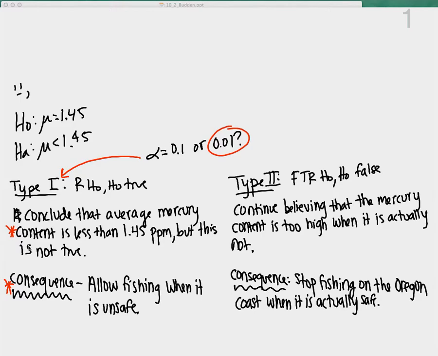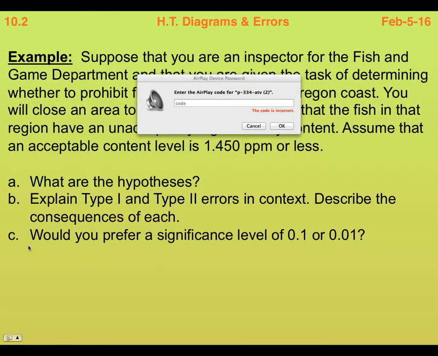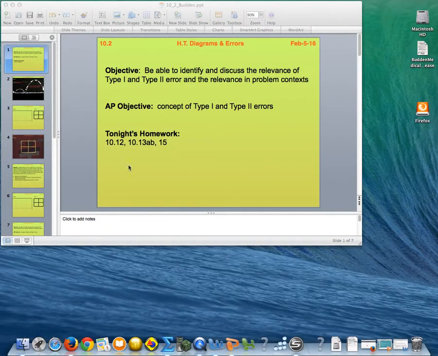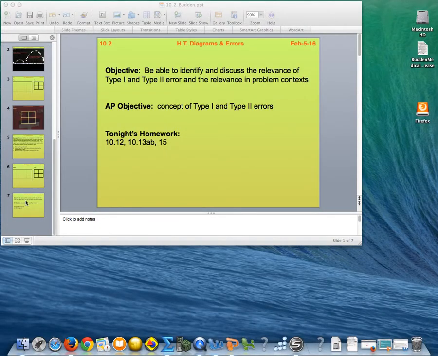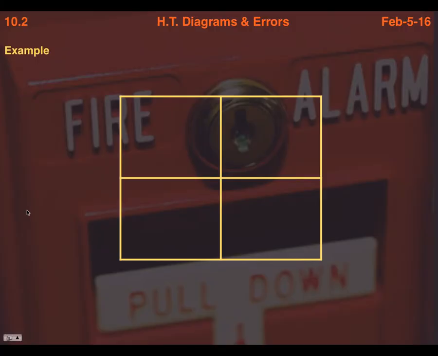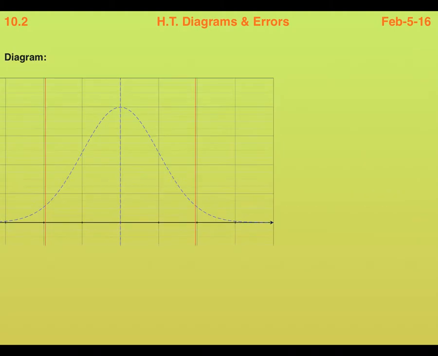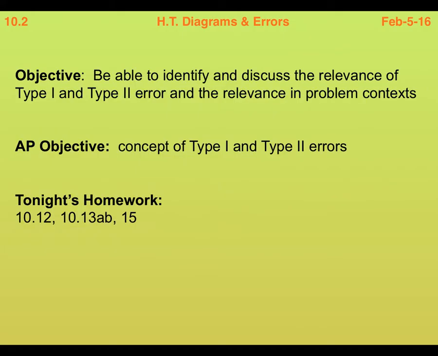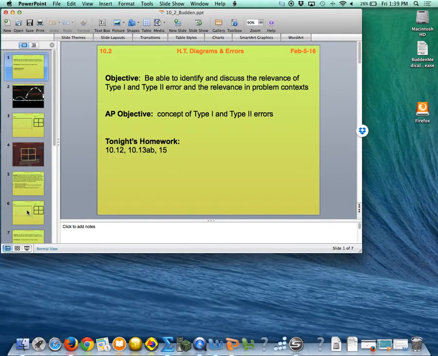Questions? No? Okay. I think that's it for this section.